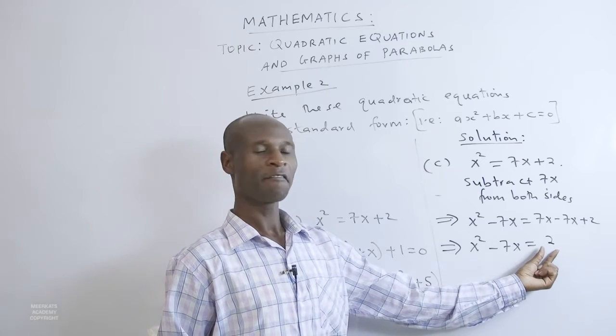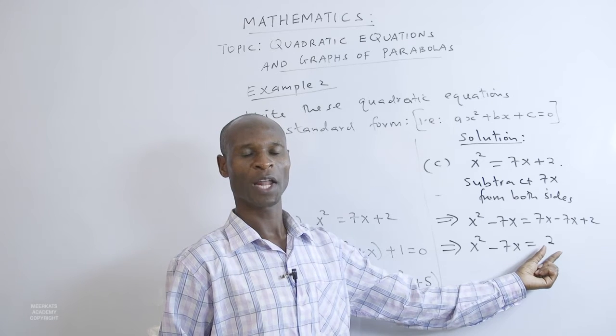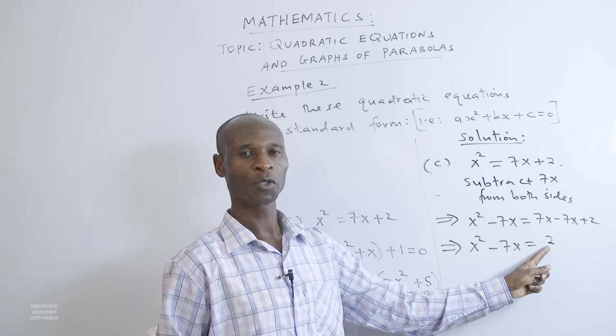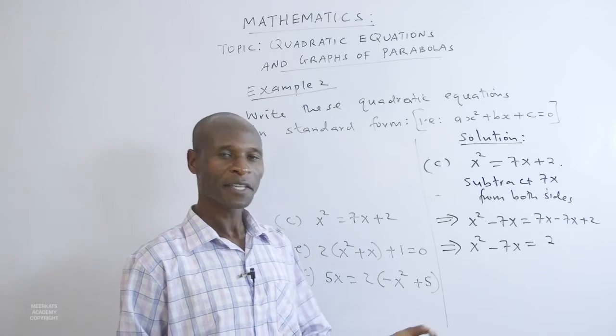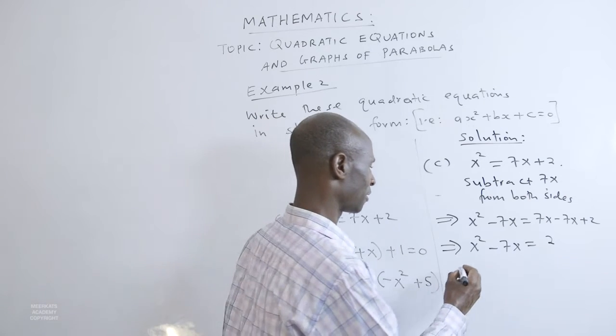Now, we have a task of collecting the constant term to the left-hand side. Because the constant term is positive 2, what do we do? So in this case, we subtract 2 from both sides.